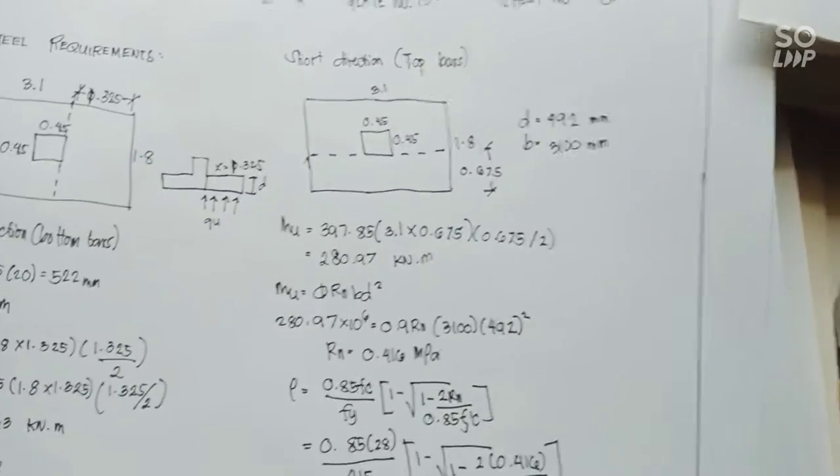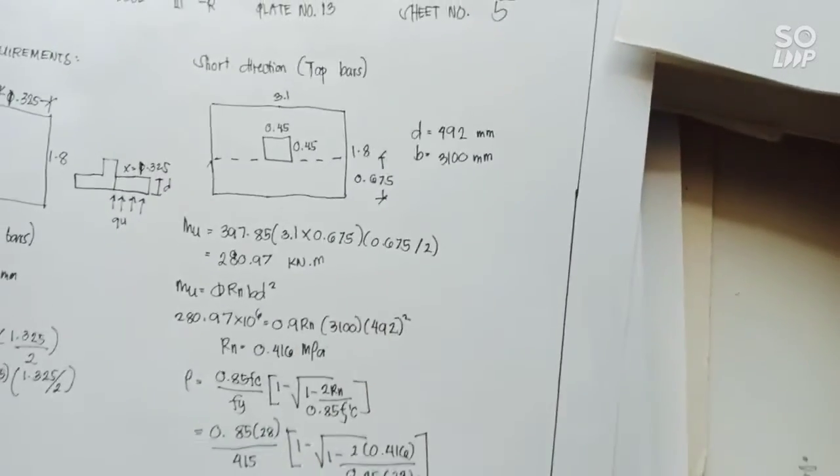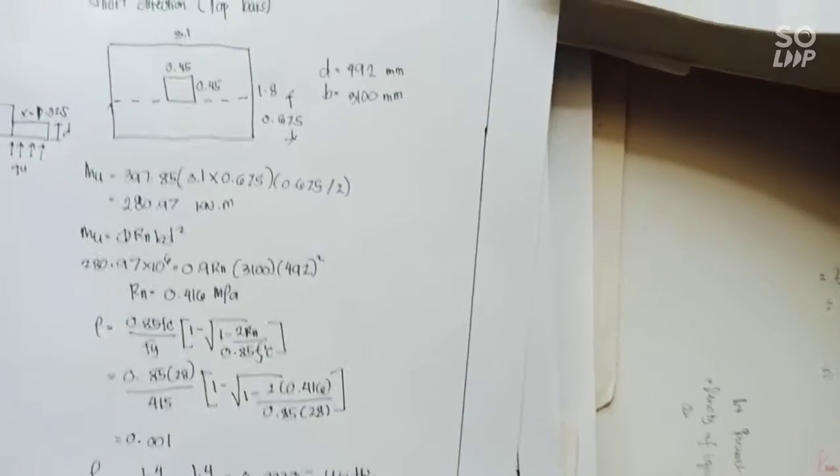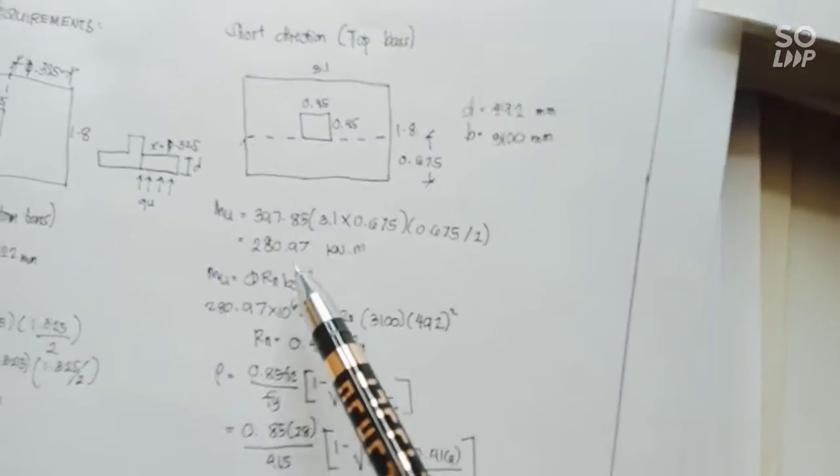And to find the top bars in the short direction, which is this figure, we start with the maximum moment from all forces on a footing, which is Mu. So substitute the given value.